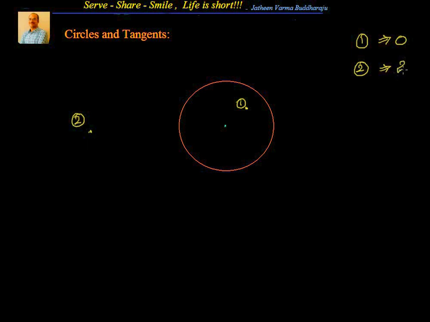You can draw 2 tangents. Now suppose the point is on the circle, then that's the third scenario. In the third scenario we can have only one tangent. So the maximum number of tangents you can draw to a circle from a point is 2. If the point is inside the circle, it's 0 tangents. If the point is outside the circle, you can draw 2 tangents.